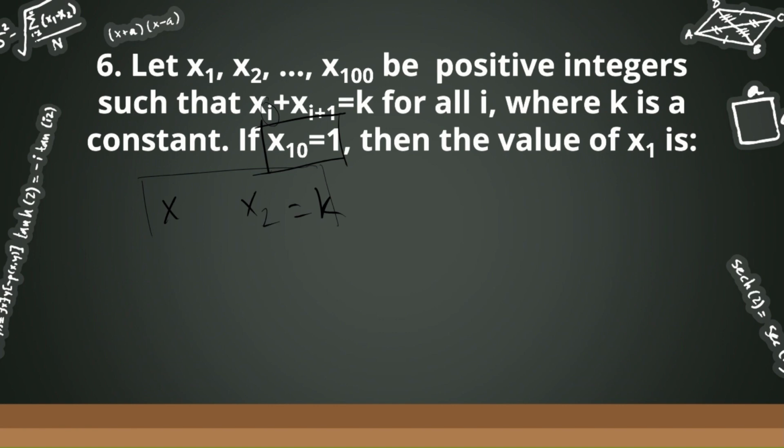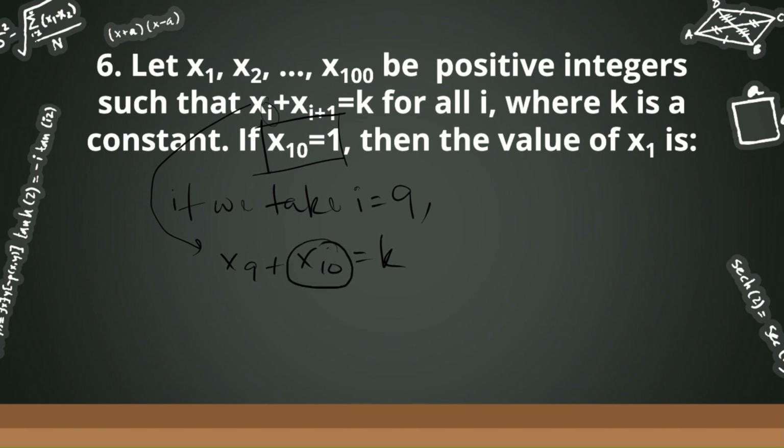Now, if we take i equal to 9, what should it be according to this? x9 plus x10 is equal to k. Now we are given that x10 is 1. So what's x9? It's k minus 1.